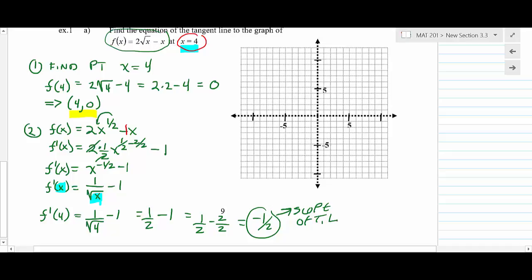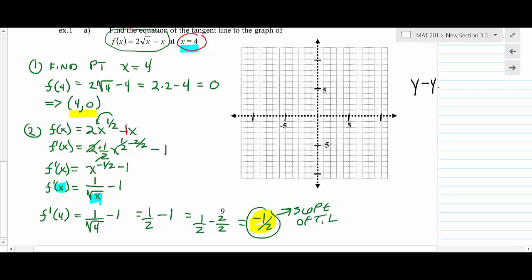If you're going to find an equation of a tangent line, you've got to know the point of tangency, and you also got to know the value of the derivative. That negative 1/2 is giving you the slope of the tangent line. Does that make sense to everybody? The only calculus part was the derivative. Everything else is arithmetic.